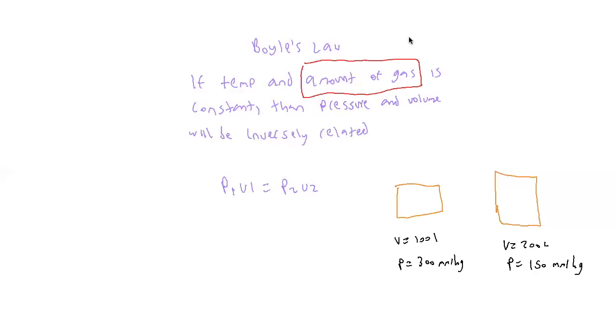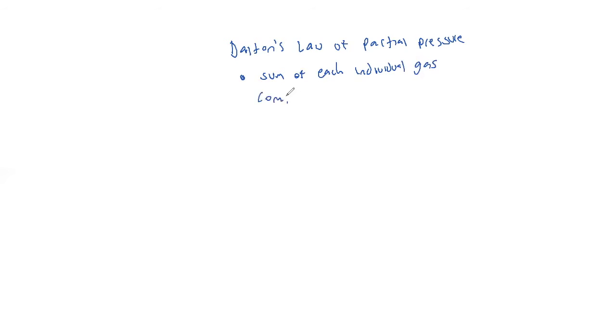Now that goes to our third one, which is going to be Dalton's law of partial pressure. And to summarize this one, the sum of each individual gas comprises total systematic pressure.